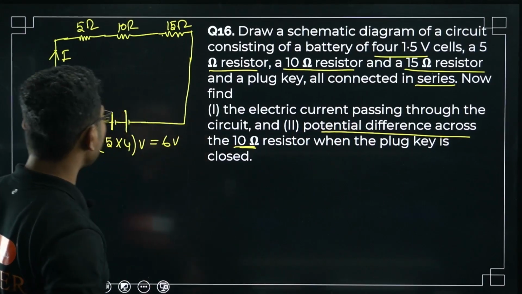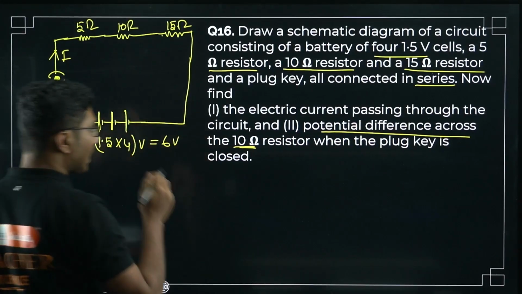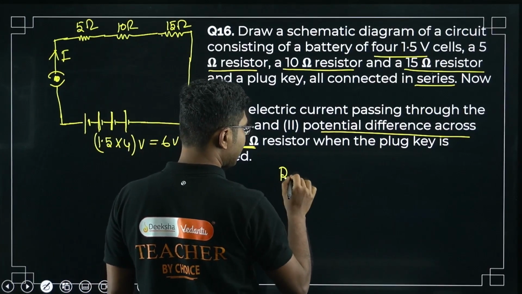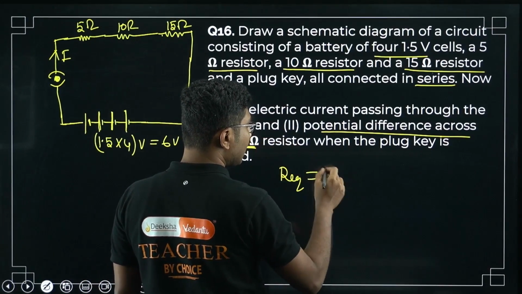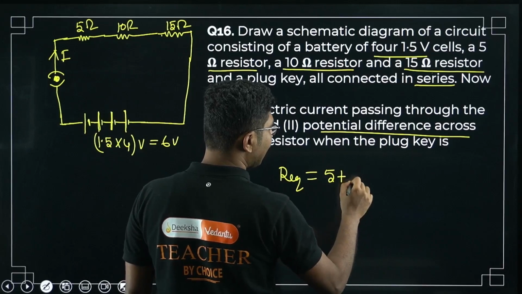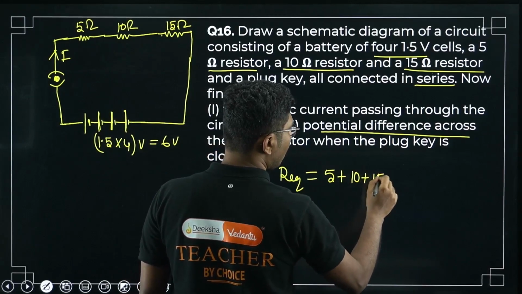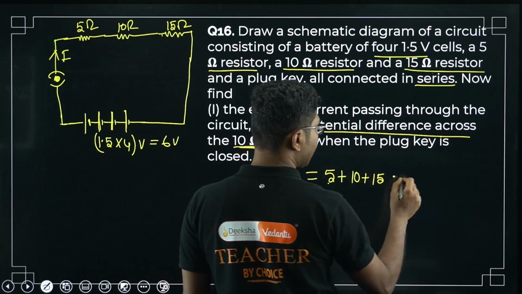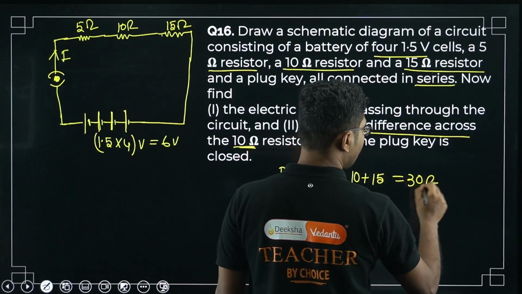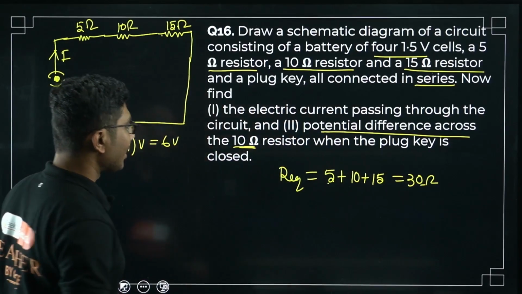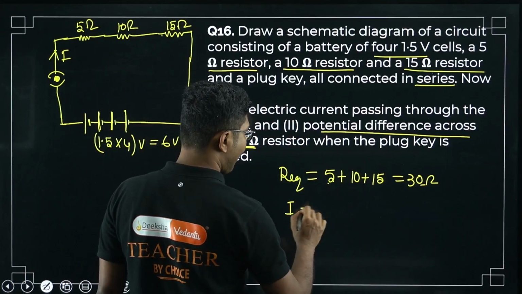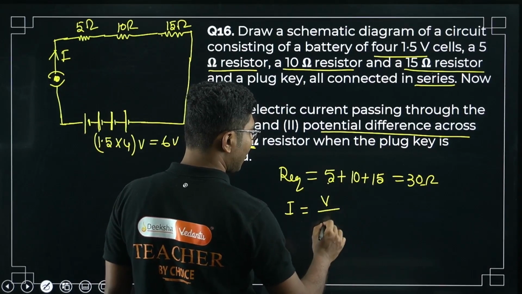To calculate the total current, first we have to calculate the total resistance. What is the total resistance? They are connected in series, so the total resistance will be simply adding them. So it will be 15, 15, 30. 30 ohm is the total resistance. Now what is the current? Current is volt divided by R equivalent.